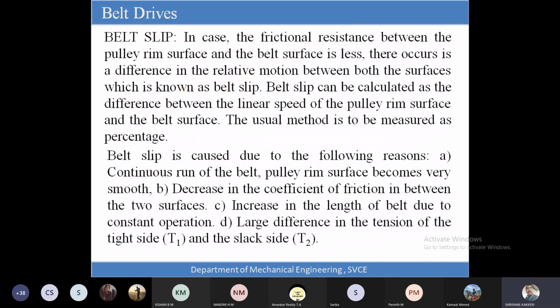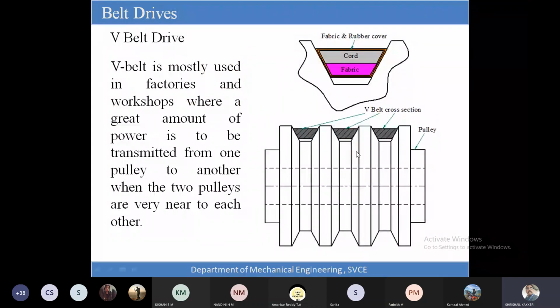Now let me look into the conditions. You can see here this is a pulley arrangement, and on this the cross section of the V belt is shown.